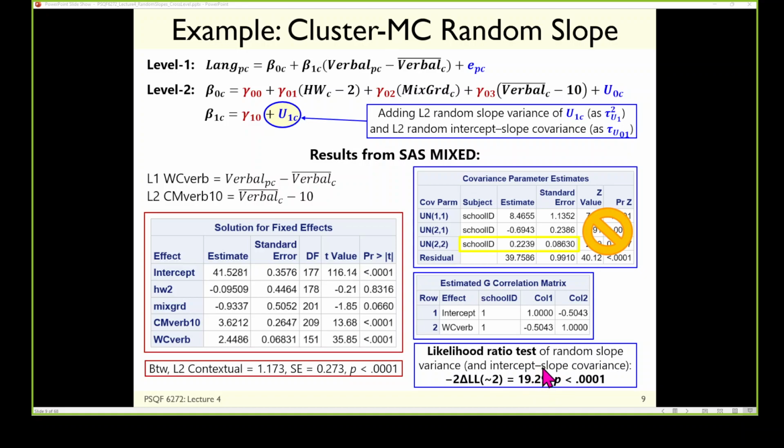And comparing this model against a model without that random slope variance and the covariance with the intercept gives me a significant likelihood ratio test, so yay for me. So this tells me up to this point a binary decision. Yes, there are differences across clusters in the extent to which verbal ability predicts language performance on some test. That's what we know.